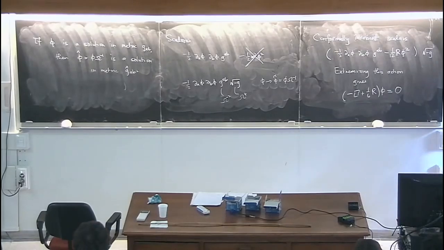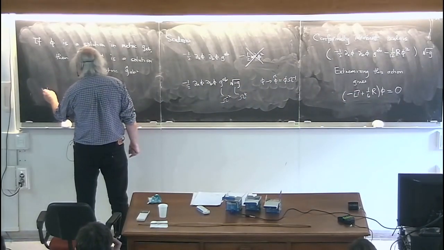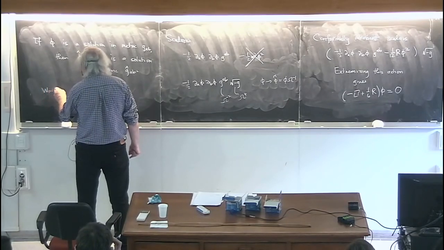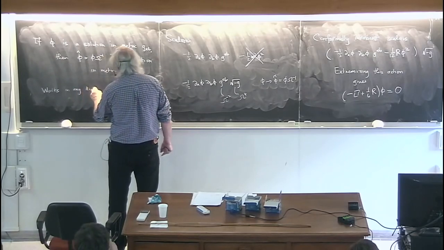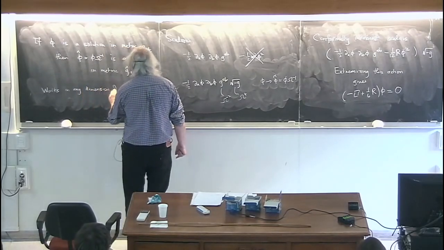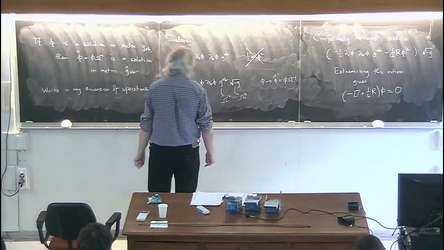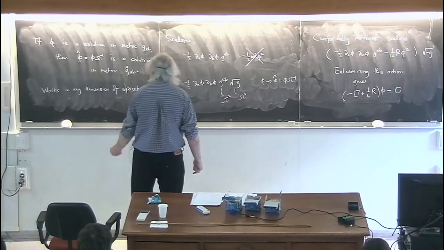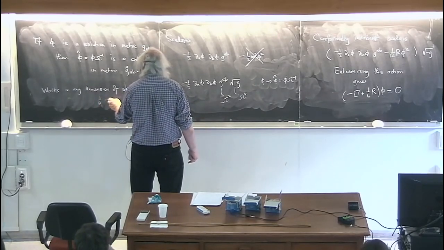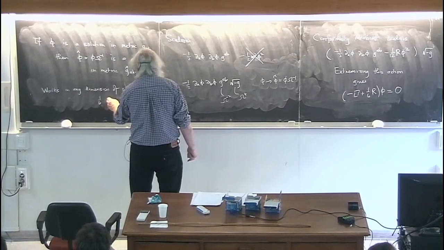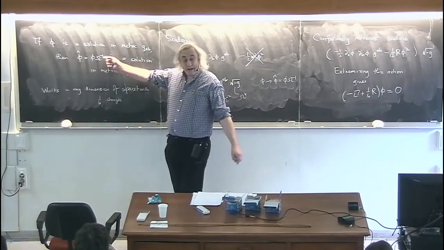Something like this will work in any dimension of space-time. You will need to change the 1/6 into some other number, and you'll need to change the conformal weight of phi.